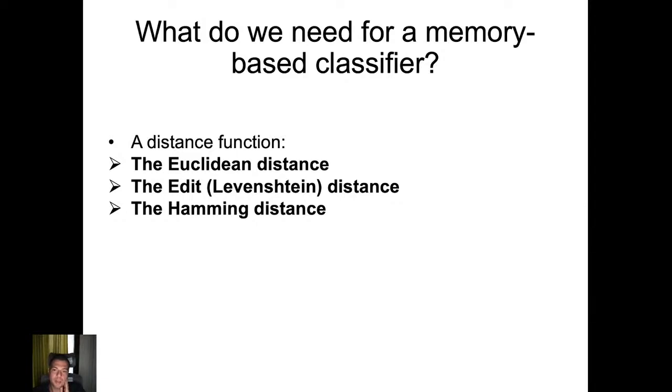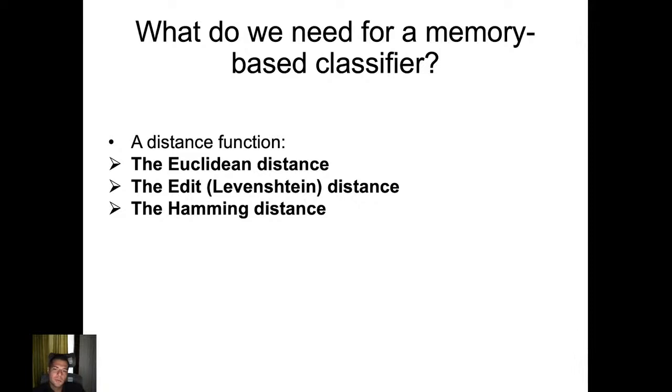Okay, so what we have to decide for this classifier is the distance function. This can be chosen with respect to the application. Usually in most cases, for Euclidean spaces, we just use the Euclidean distance.